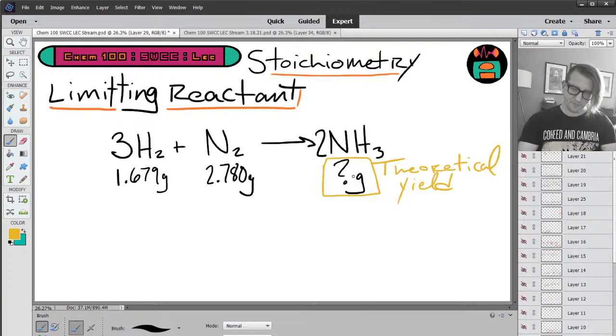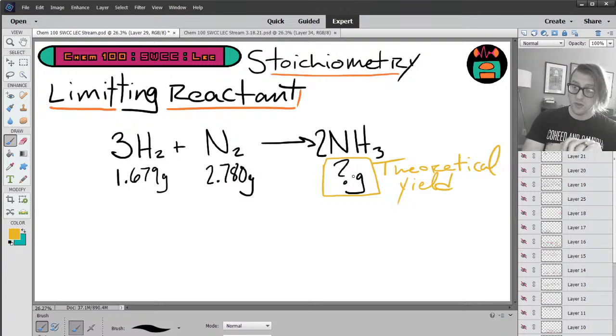Now, think about it. In this scenario, you've got hydrogen reacting with nitrogen, and when one of these two reactants runs out, the reaction's going to be over. The reaction stops when either nitrogen or hydrogen are completely gone.